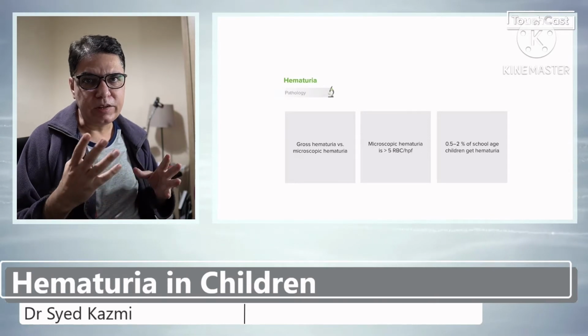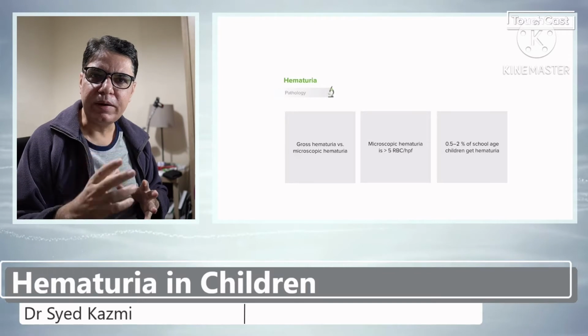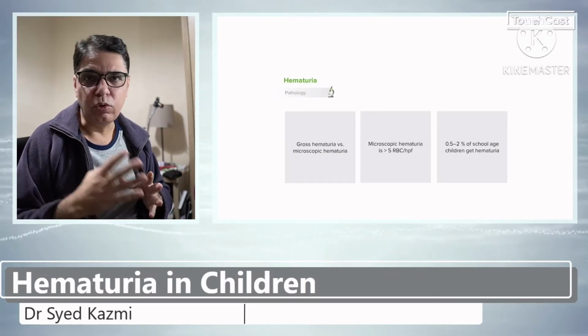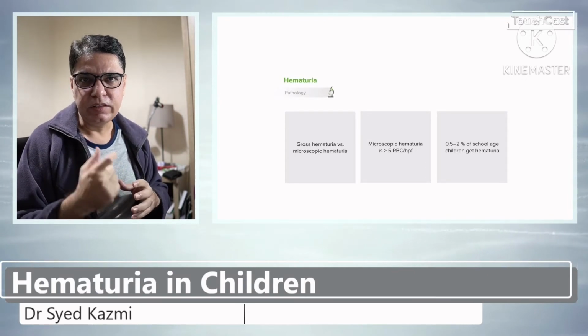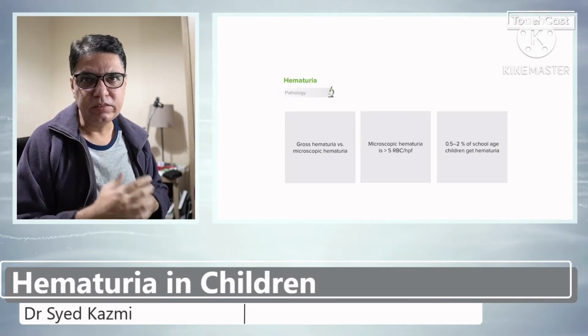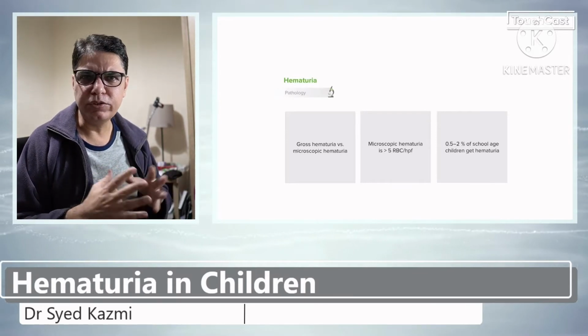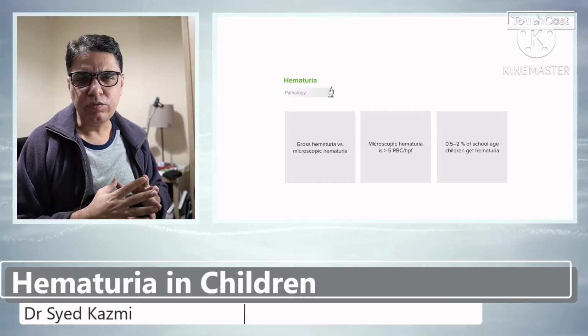And by definition, microscopic hematuria is when you find more than 5 red blood cells per single high power field under the microscope. Nevertheless, there are some chemical methods as well which can detect the presence of red blood cells in the urine. As I told you earlier, around 0.5 to 2% of the children can present with the complaint of hematuria.